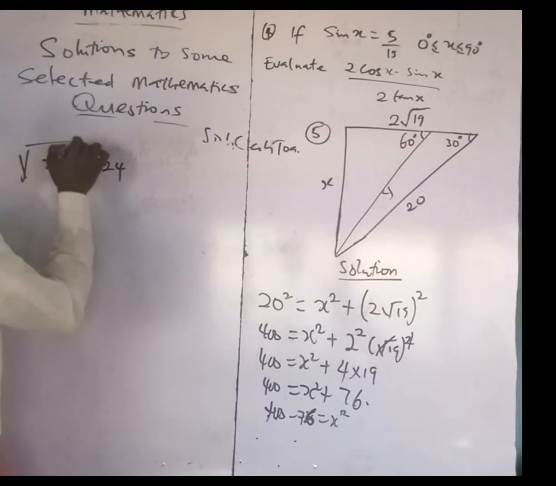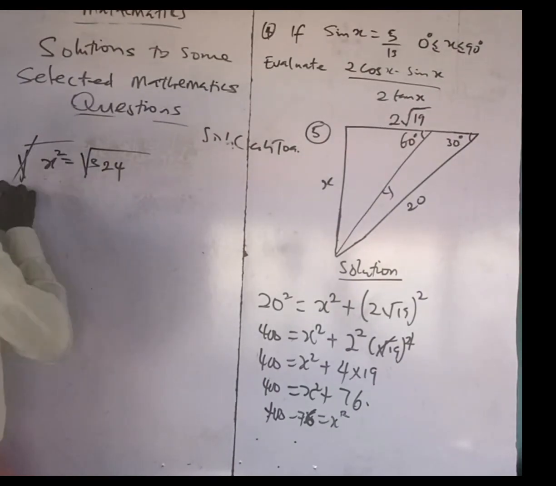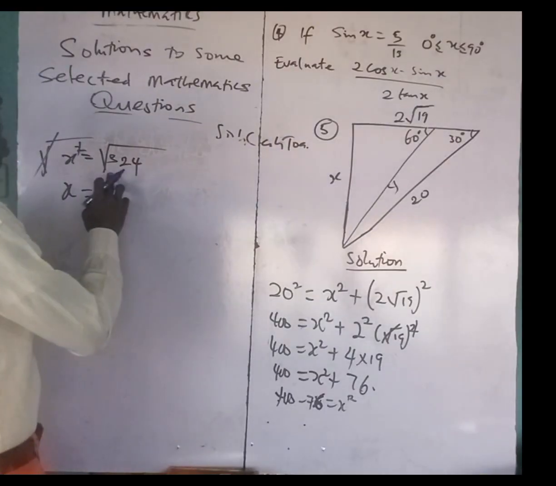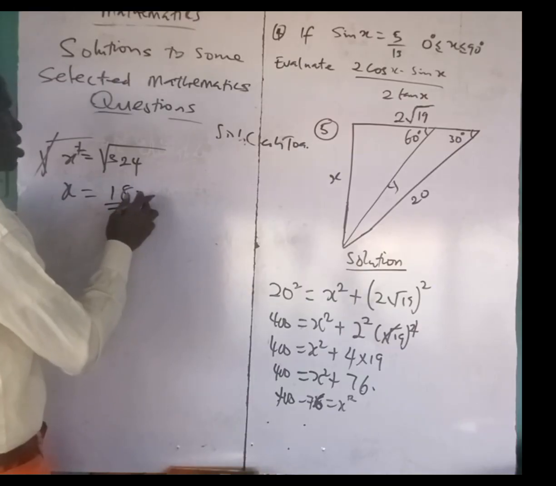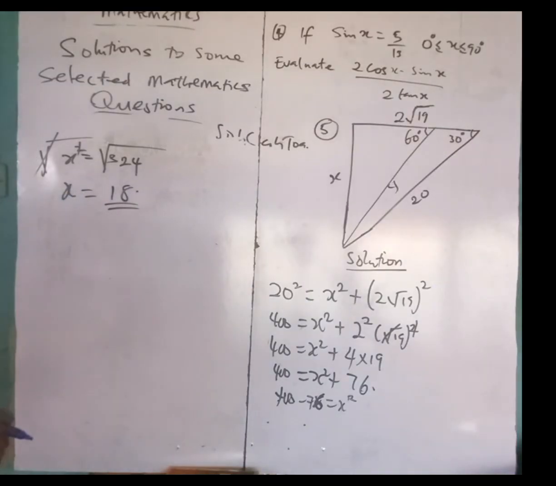Let's take the square root. x will give us the square root of 324, which is 18. So our x is the square root of 324, which is 18. Our x is 18.